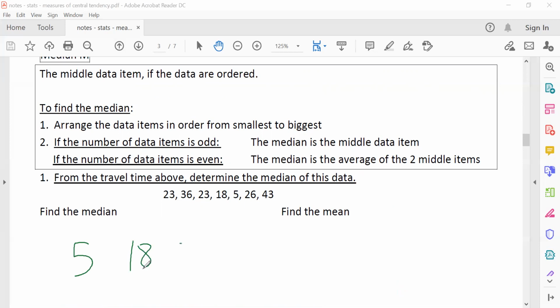Then there's 23, and it happens twice, and yes, I need to reproduce it twice. Repeats mean it's still important. There's two different employees who happen to have the same drive time. I don't ignore one of them just because it's a repeat. We got the 23s, then the 26, then the 36, then the 43 minutes.